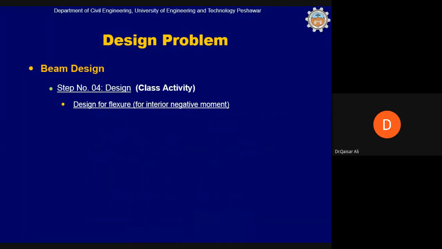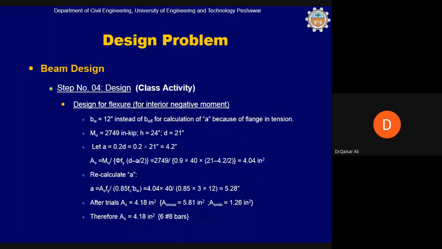For negative bending moment, there is no need of calculating effective width. The effective width is calculated only for positive bending moment because the flange part, which is the slab part, is acting in the positive bending moment.